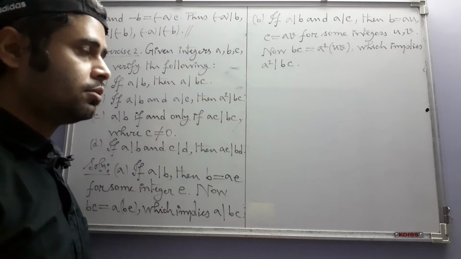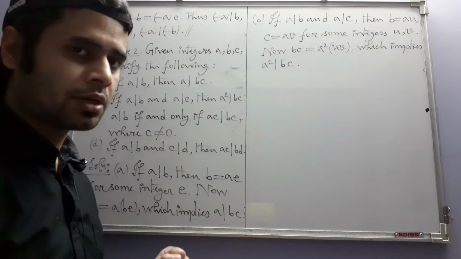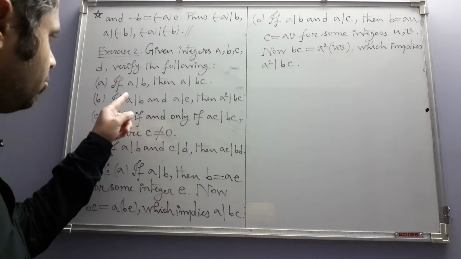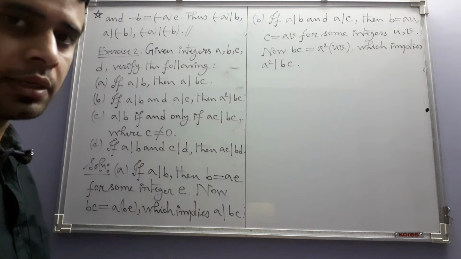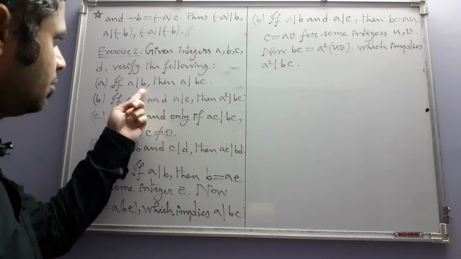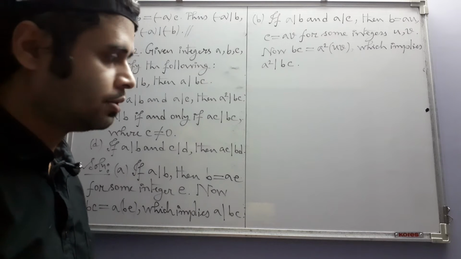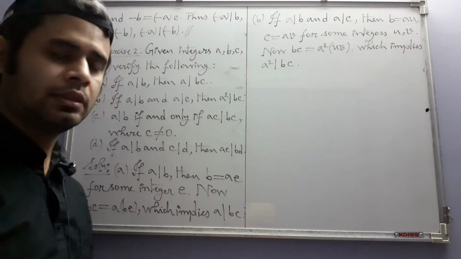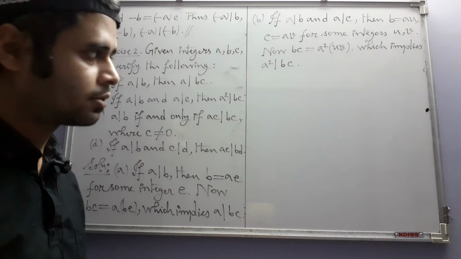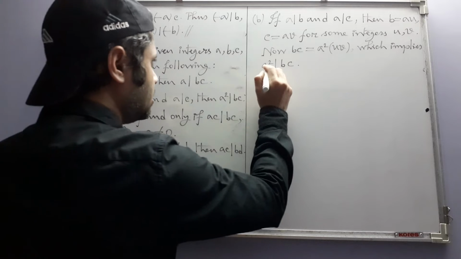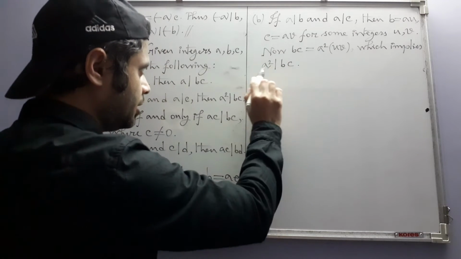You may have noticed one thing. We are no longer saying things like in this divisibility relation A has to be non-zero. Those things are already there in the background.